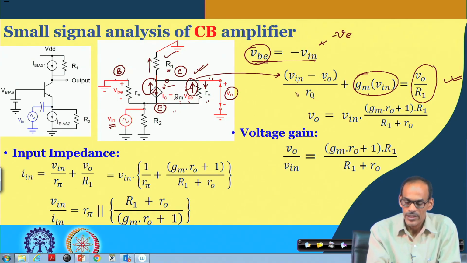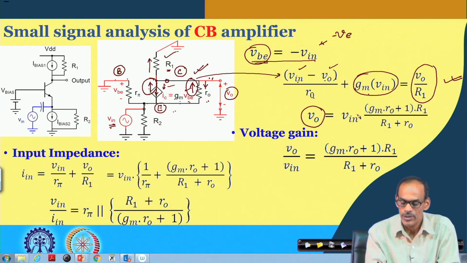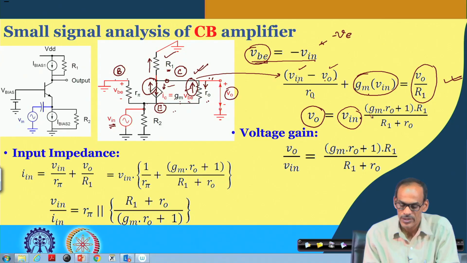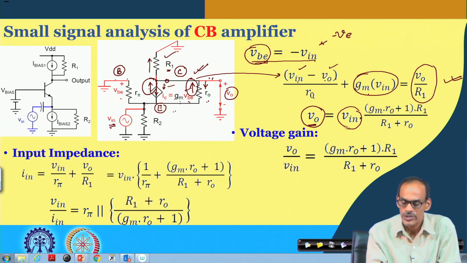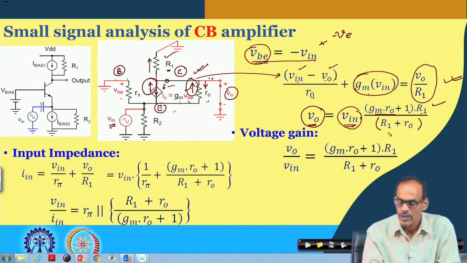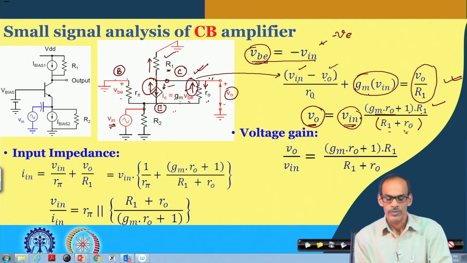If you rearrange this equation, it has Vin and Vout only. So, we can write the expression of Vo in terms of Vin. With proper rearrangement, what we are getting here is Vo equals Vin multiplied by (gm r0 plus 1) multiplied by R1 divided by (R1 plus ro).